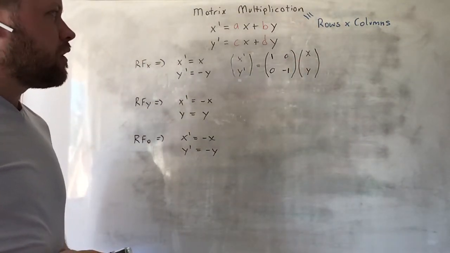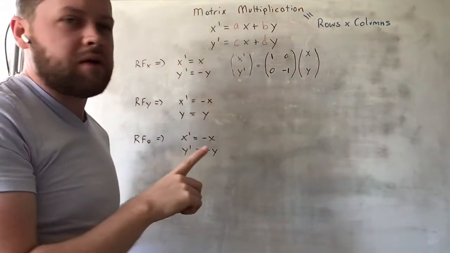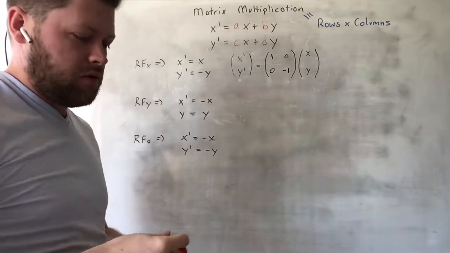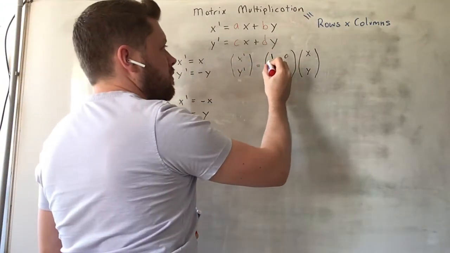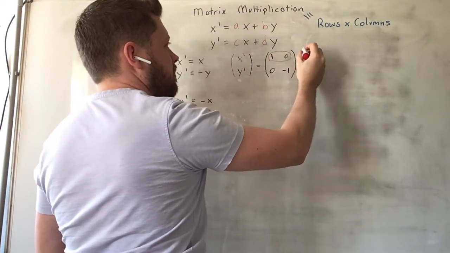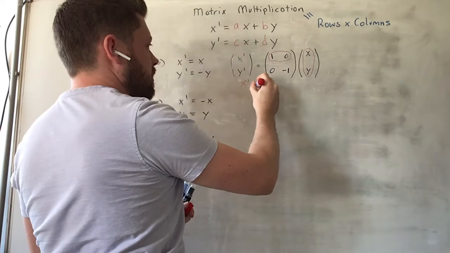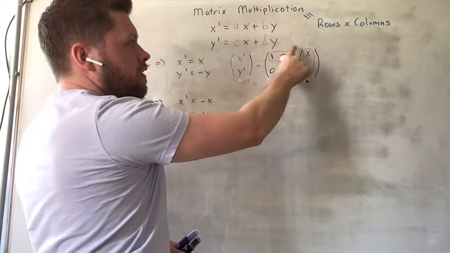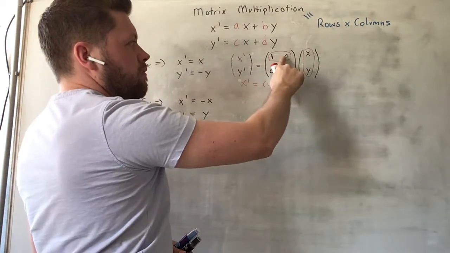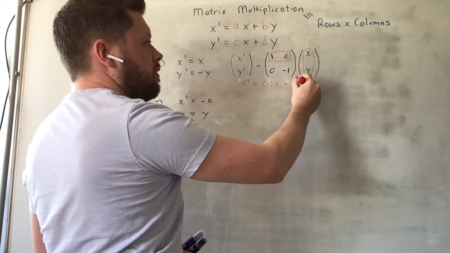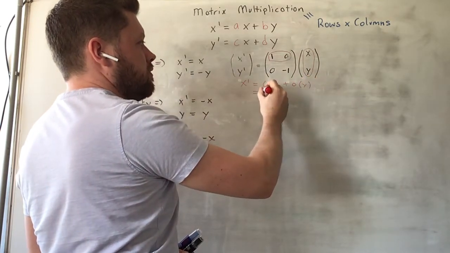Okay, so let's see if that multiplies out to give back the equations. I'll just do one example, the x dash equals x. Okay, so we're going to multiply rows by columns. So we're going to multiply this row times this column. Okay, so x dash is equal to 1 times x plus 0 times y, which is equal to x.